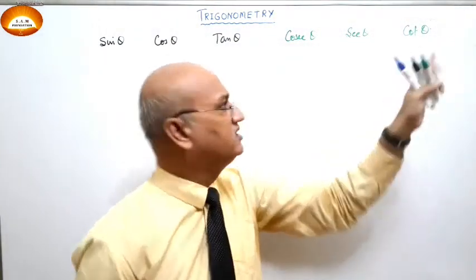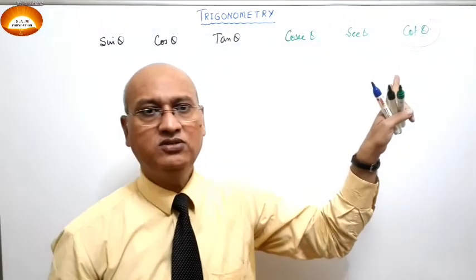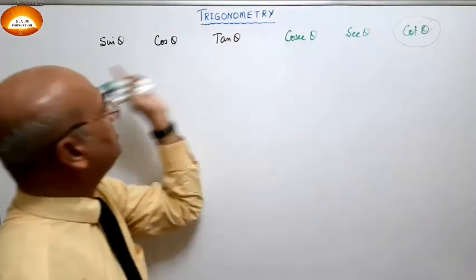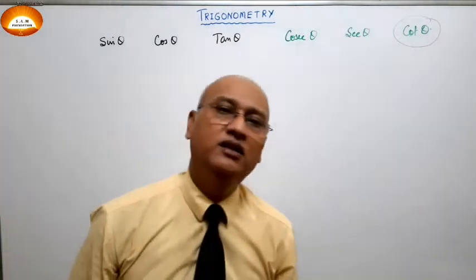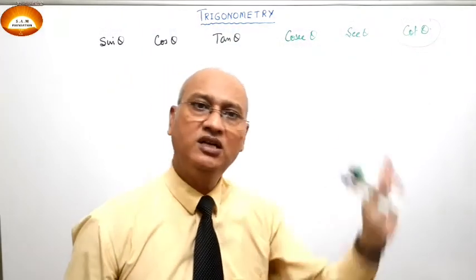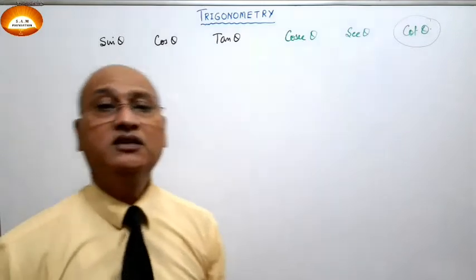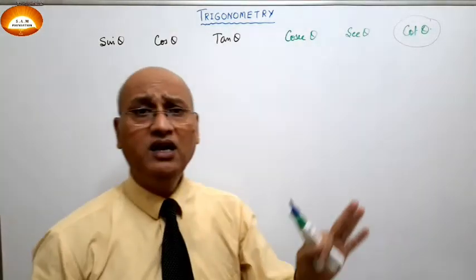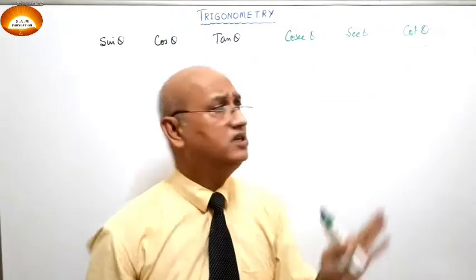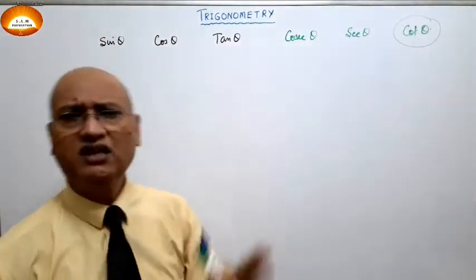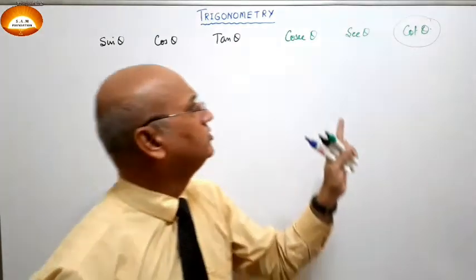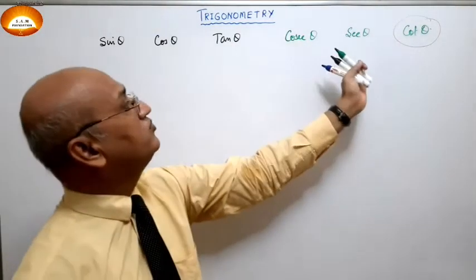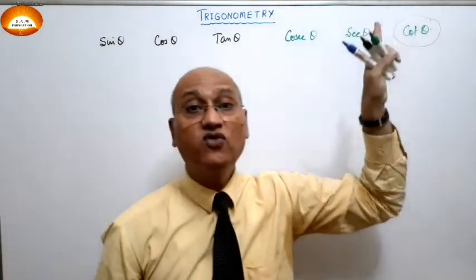Okay, so you can select any trigonometric ratio. It is not necessary that because I have selected cot theta, you should also select it. Out of these, you can select any one and you can write the values of the rest of the trigonometric ratios in terms of that. So just see the technique I am using, a very simple technique, step by step, and it is applicable to all. Whichever ratio you select, it is applicable to all the ratios. So you just go through this with cot theta. I want to express all these trigonometric ratios in terms of cot theta.